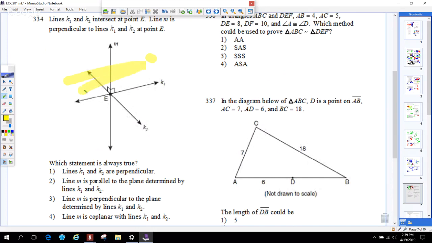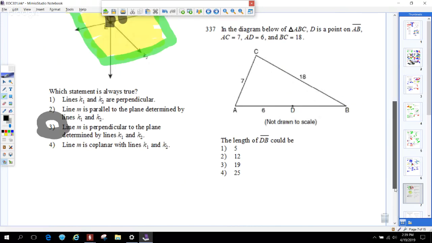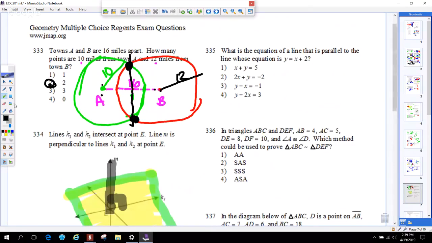So K1 and K2 are all on the same piece of paper, so to speak, with the paper being like this. And this line is perpendicular to that. So it's going to be choice 3. Again, I don't expect you to see that down here very much.